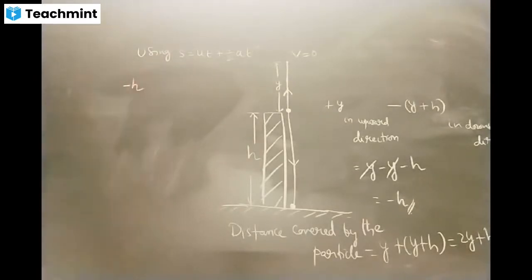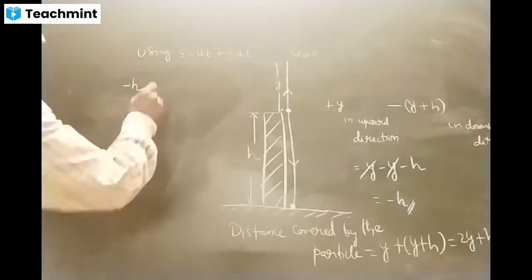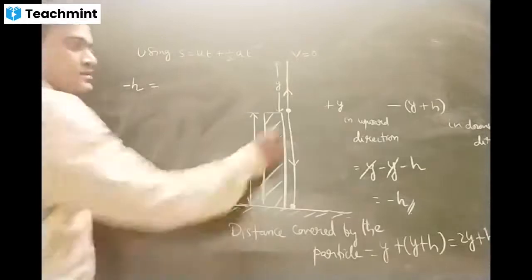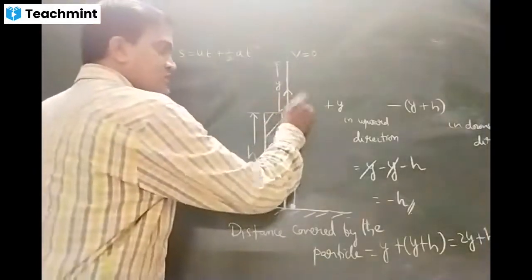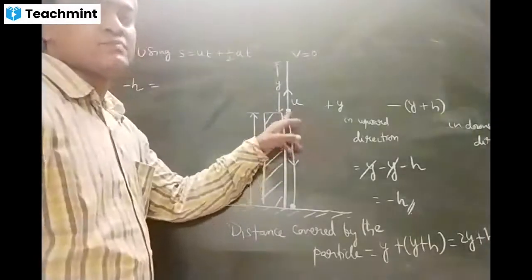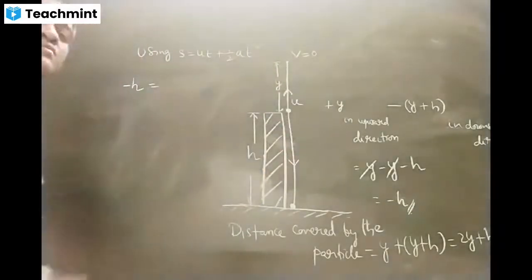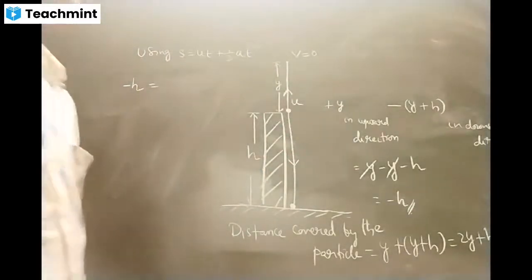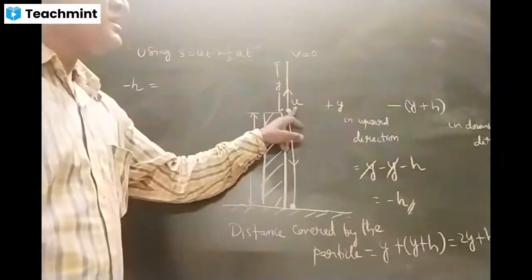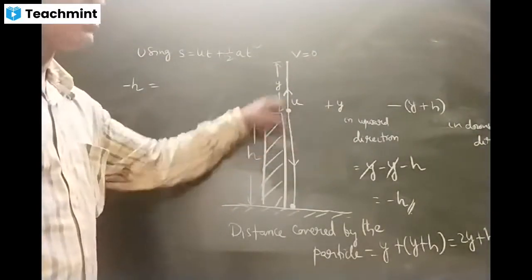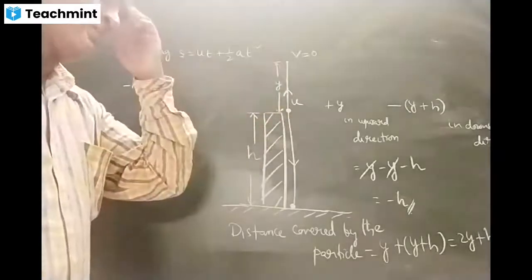Yes, of course. Minus h is equal to, what is u? U is the initial velocity of the particle projected upwards from the top of the tower, where you have thrown it at that point.